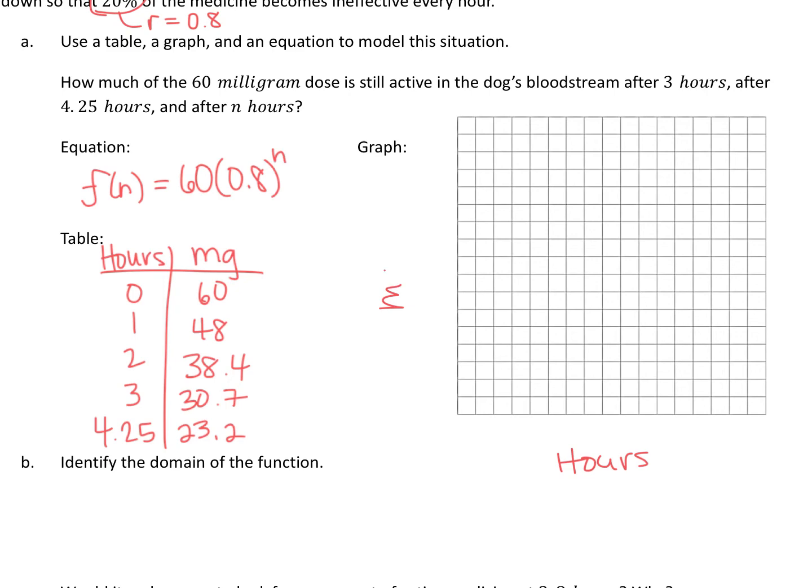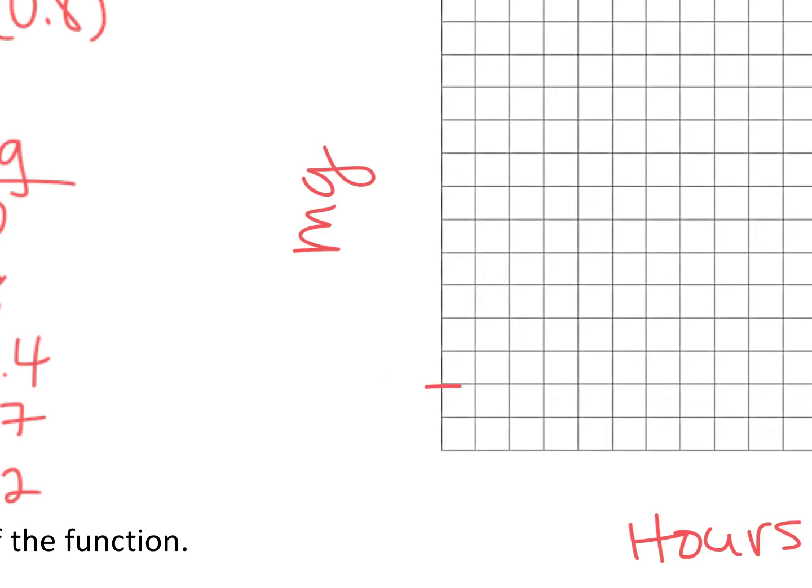So here's milligrams. We need to go up to 60, so I'm going to go by fives and label every 10, so every other. That'll be a nice scale. And for hours, I'll just go every other box again.